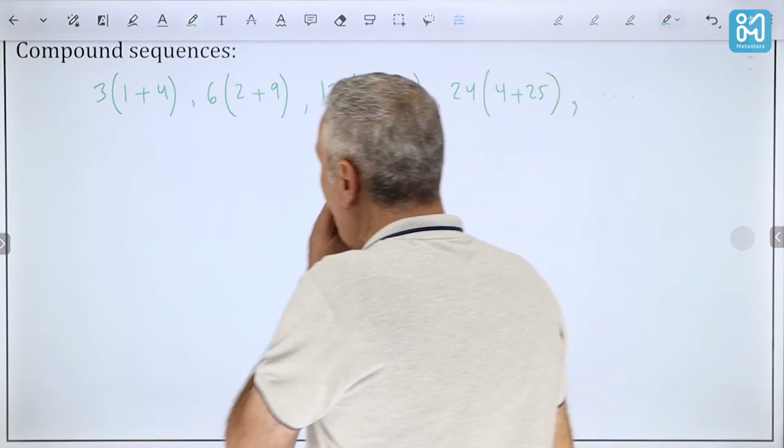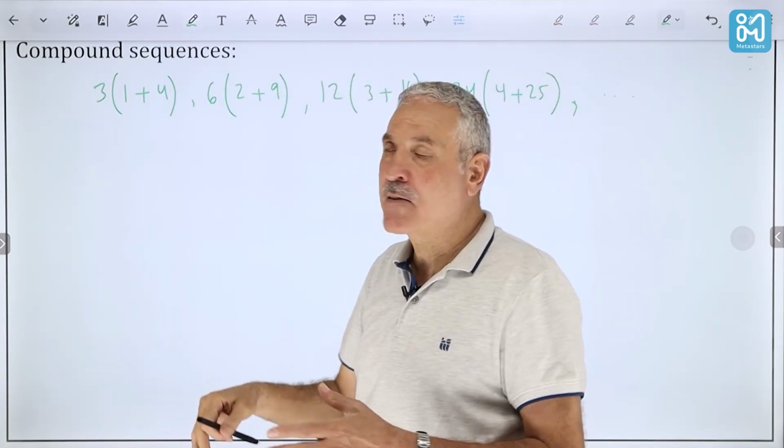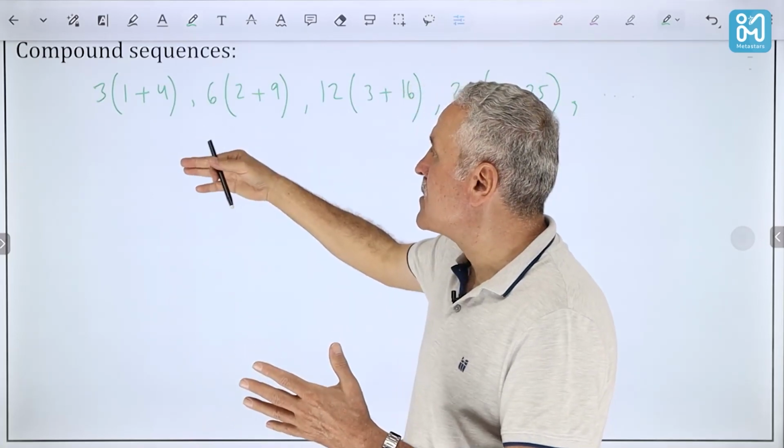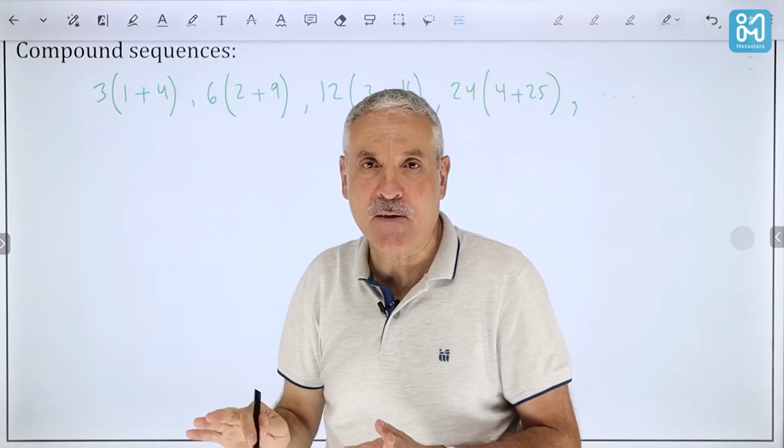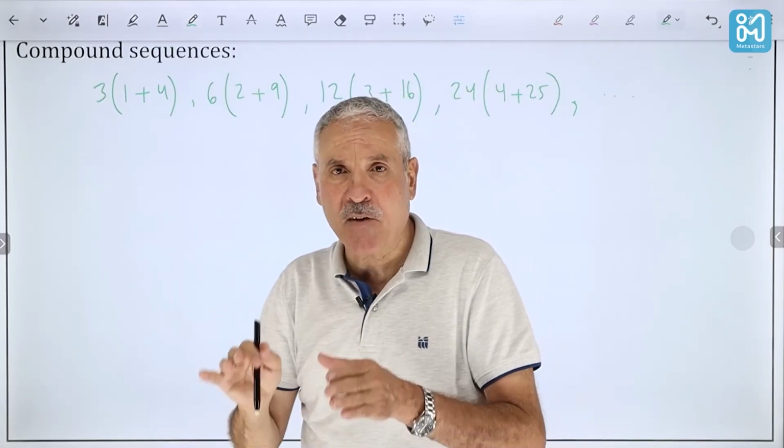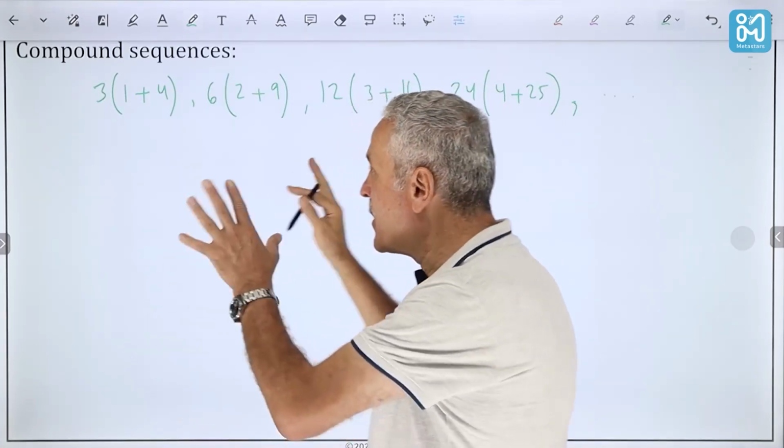This sequence, do not find the values of these, such as finding 3 times 5 is 15. You have changed the sequence. The sequence that we have here is in this form, in this way.